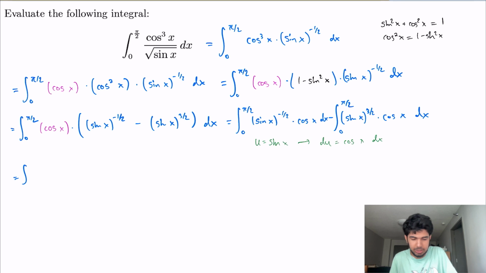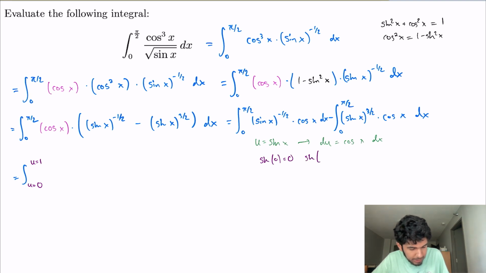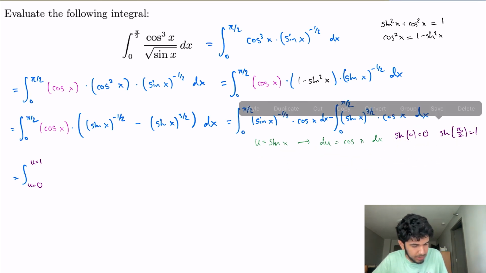If you want, you could change the limits to be in terms of u, so you would plug u in for x here, so the bottom limit would be 0, and then you go up to 1. You know what, let's do it, why not? I'm feeling good. u equals 0 to u equals 1, because sine of 0 equals 0, and sine of pi over 2 equals 1.